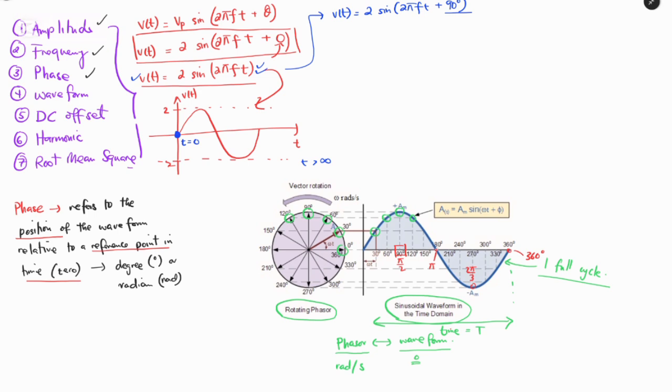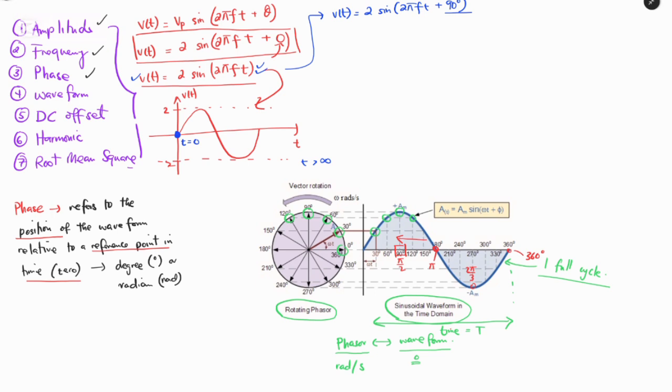If we shift this signal to the 90 degree point, the signal will be different from the original signal because we are shifting the signal by 90 degrees.